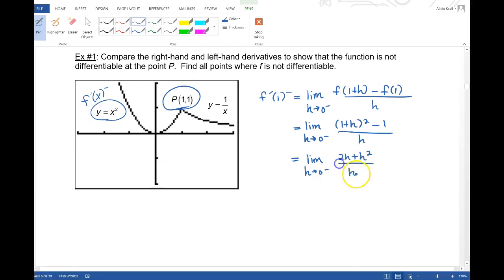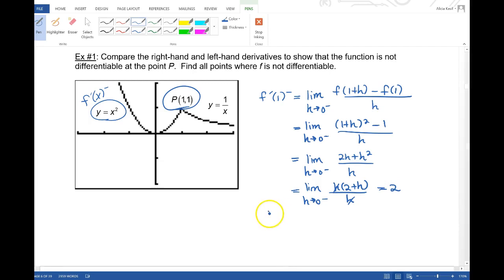If I factor out h, we're left with 2. So from the left, the slope is approaching 2.